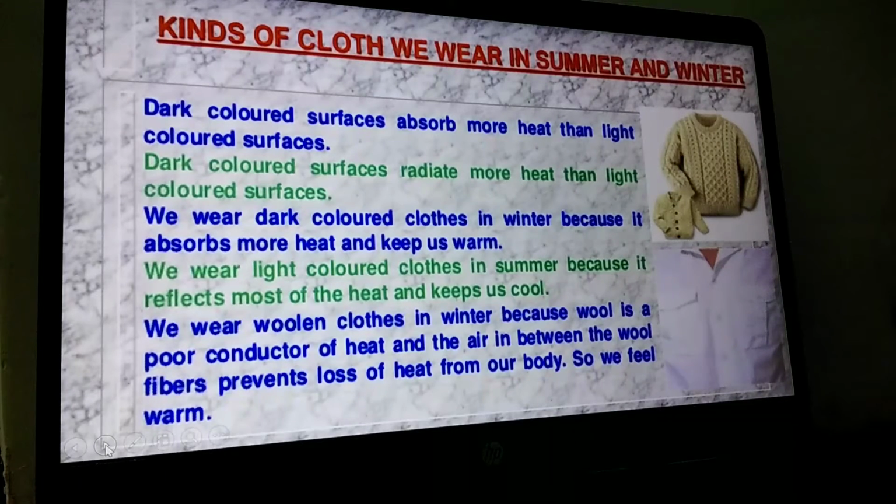Whereas we wear light colored clothes in summer because they reflect most of the heat and keep us cool. So we wear woolen clothes in winter because wool is a poor conductor of heat and the air in between the wool fibers prevents loss of heat from our body, so we feel warm.